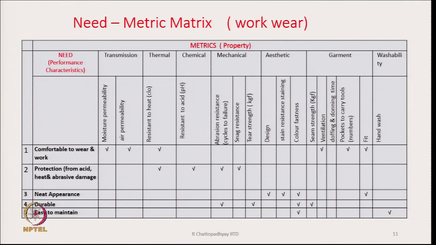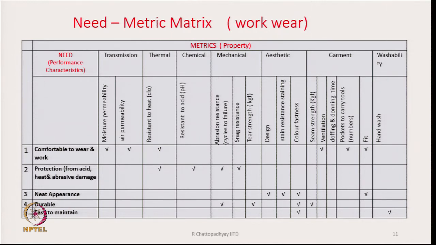The other important one, take another, let us say durability. Anything that we buy and use, we feel that it should be durable. So, durable is a very general term also. Somebody expects it should be durable for 1 year, someone may feel it should be for 3 years, someone may feel up to 5 years.